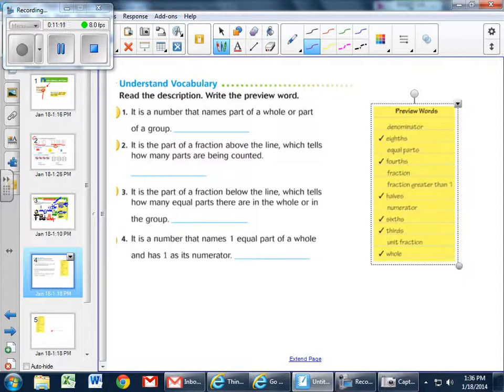So we're talking about numbers that are parts of a whole number, and since we're talking about our chapter, it makes sense that this one would be fractions. A fraction is a number that names part of a whole number or part of a group. It's part of a whole.